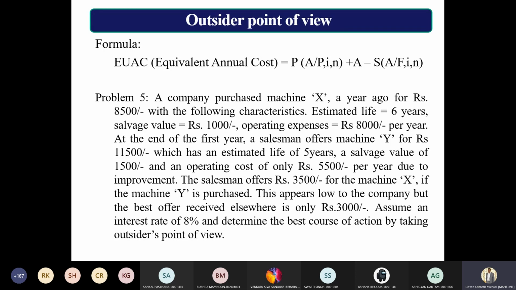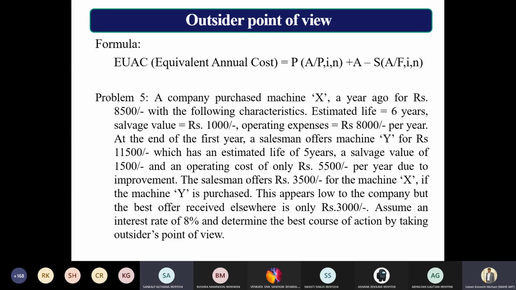So you are not in a position to take a call. So what you do is you hire an outsider. Now the outsider is nothing but a consultant for the company, right? This outsider will actually work as a buyer for you, in the sense he will be a prospective buyer.